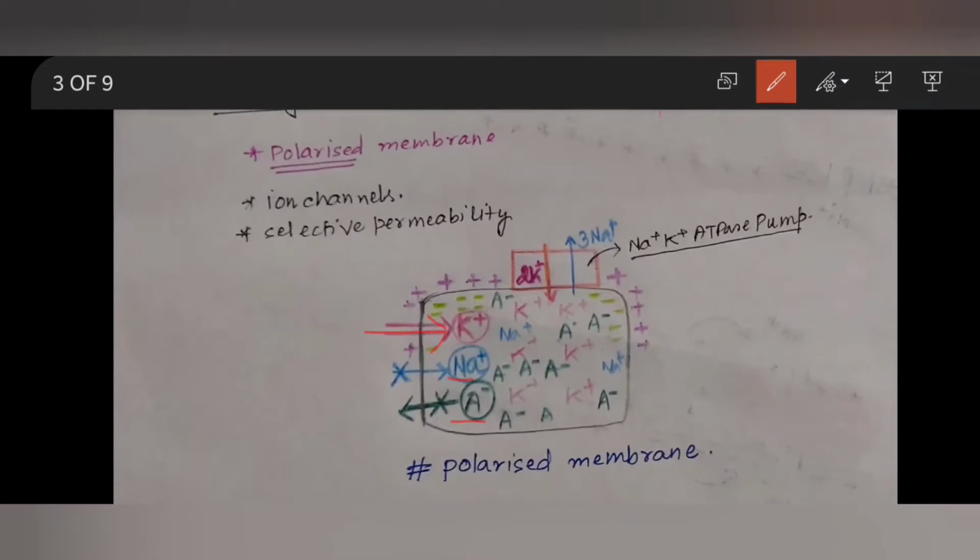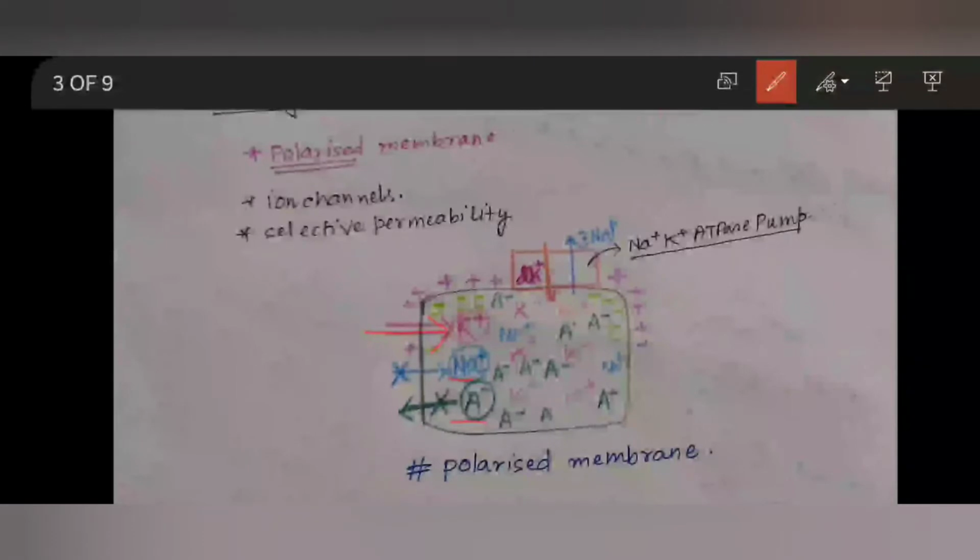Now, as a result, the exoplasm becomes rich in the negative ions, which are not allowed to go out of the neuron. Similarly, the Na+ ions present outside the cell membrane are not allowed to enter the exoplasm.